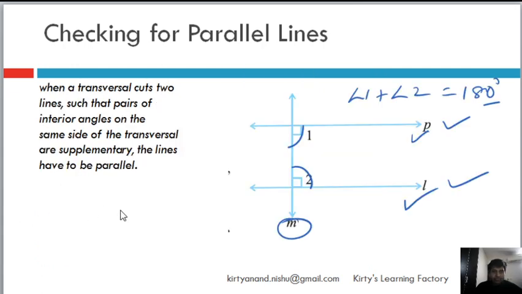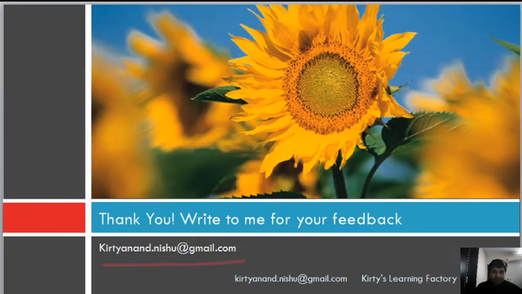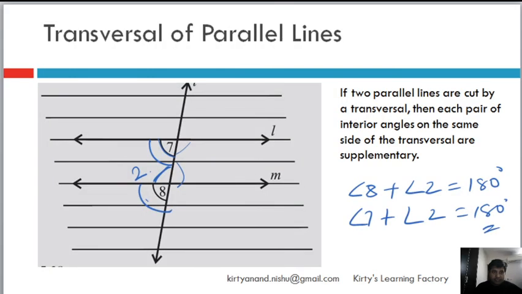So that is that in parallel lines and intersecting lines. What I will suggest is that spend a little bit more time on parallel lines, on the proof part, on the understanding. You can memorize easily that angle 7 is equal to angle 8. But the fun is to do it yourself, and it is just simple. Like this is 180, so you know that angle 1 plus angle 2, you know here that angle 1 is equal to angle 7.